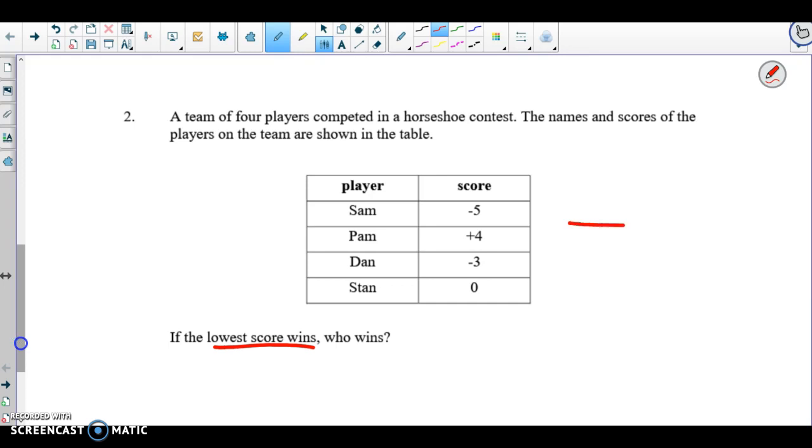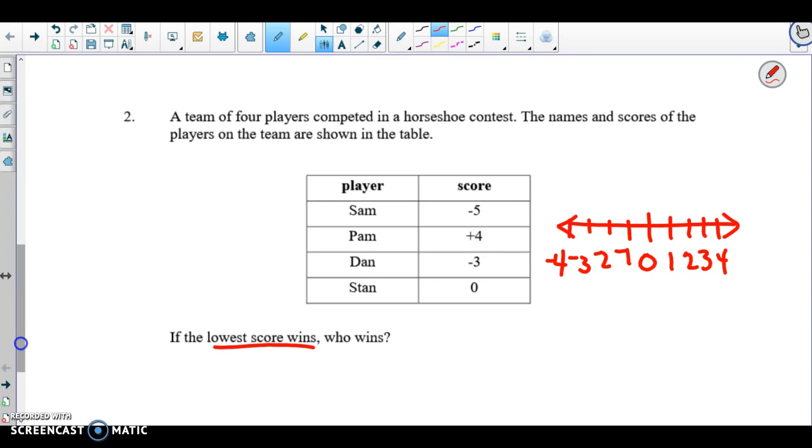Well, I could even use a number line to figure that out. If I have 0 here, I've got 1, 2, 3, 4. And I've got -1, -2, -3, -4, and then I'd have -5, another one there.